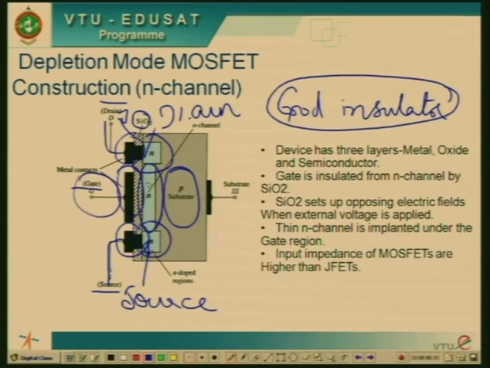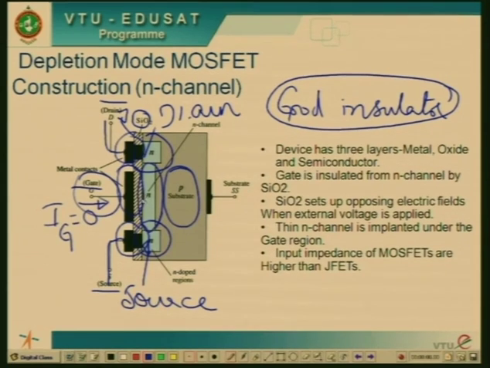So that the main important characteristic of the MOSFET or FET as such, that is gate current equal to 0, is satisfied. Another important aspect why silicon dioxide is used is it sets up opposite electric fields when an external voltage is applied.